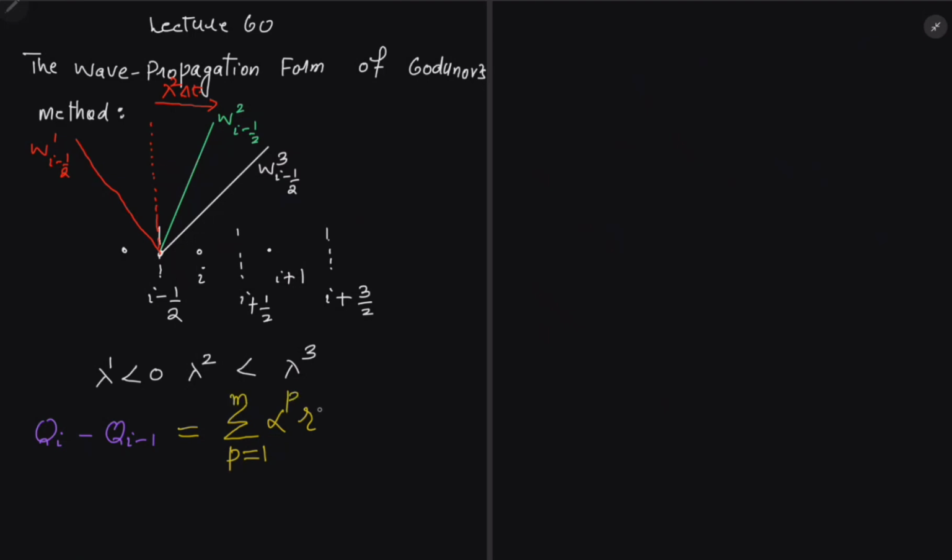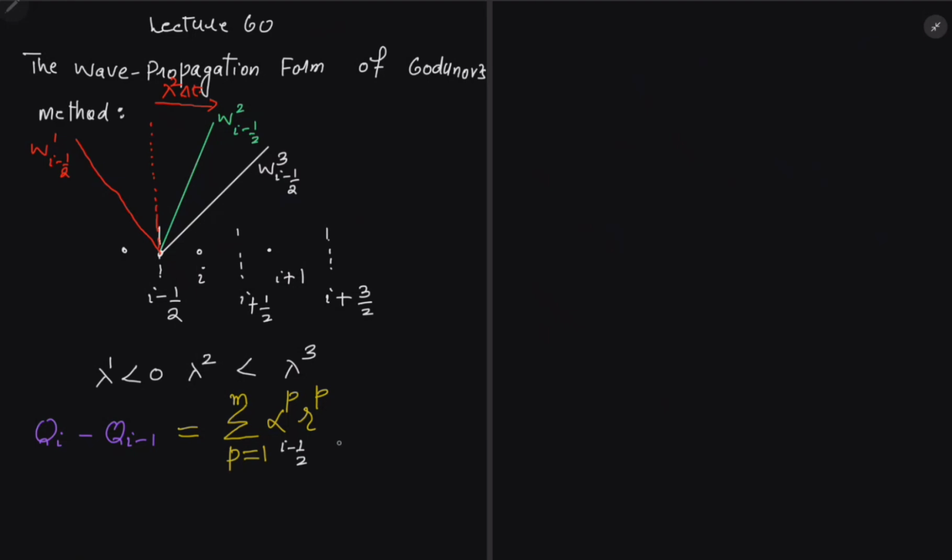This is p, and we also have rp. Where we are calculating the discontinuity at I minus 1/2, so there should be I minus 1/2. So we must have values of alpha on this I minus 1/2.